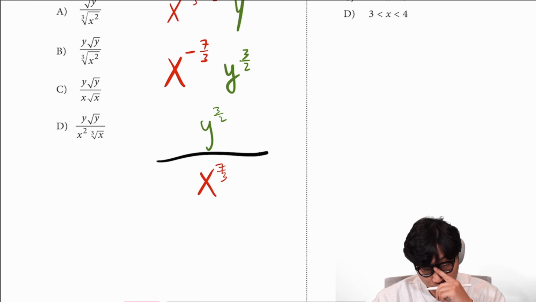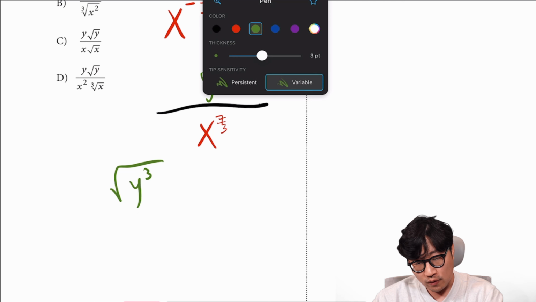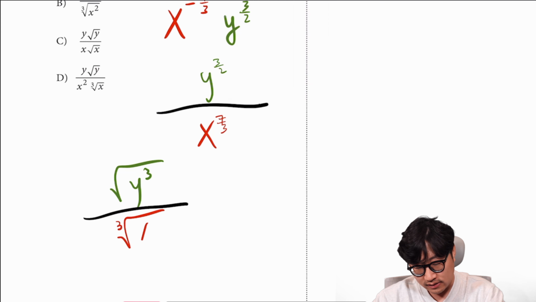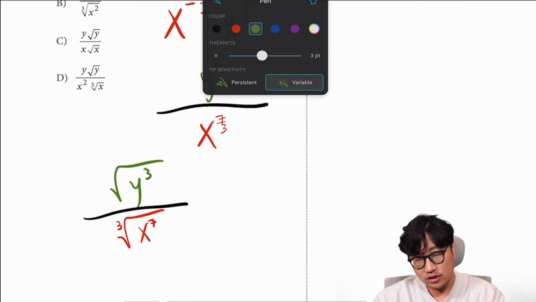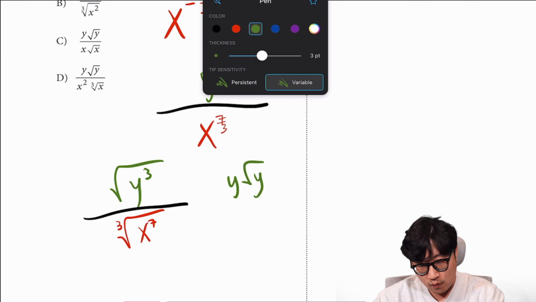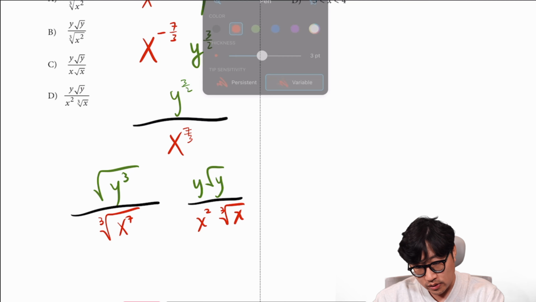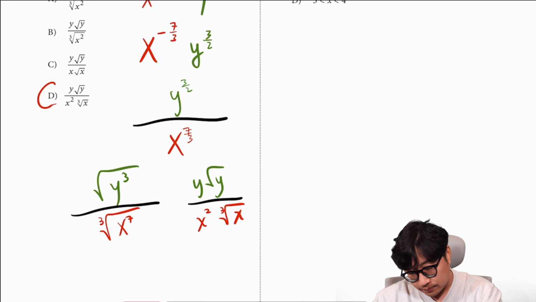So y to the 3/2 power is the square root of y cubed, and the bottom is the cube root of x to the 7th power. Simplifying, that'll be y root y over the bottom one. You can take out 2 of the x's, so that'll be x squared times the cube root of x. So that should match answer choice D.